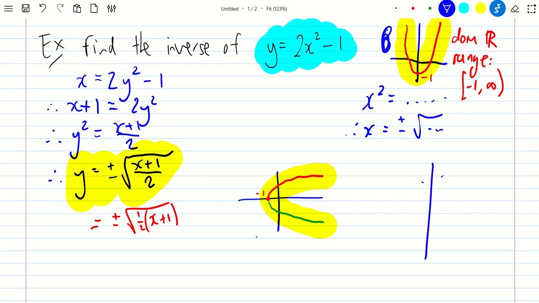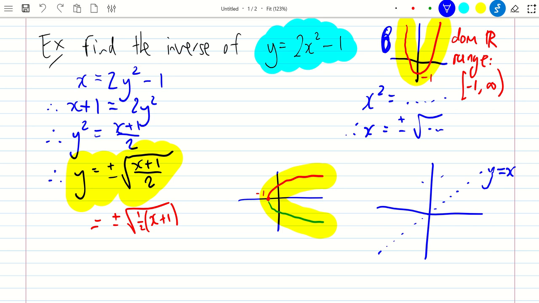And what actually happens, and you'll see this with all inverses, is that it gets mirrored along the line y equals x, which makes sense because x's have changed to y's and the y's have changed to x's. So everything on the original graph gets reflected along this line to become the inverse function.